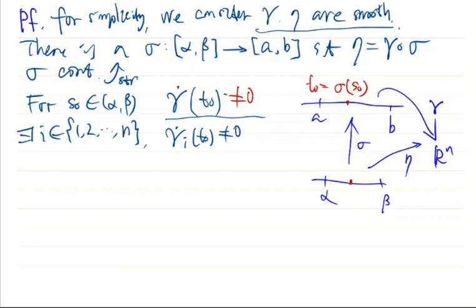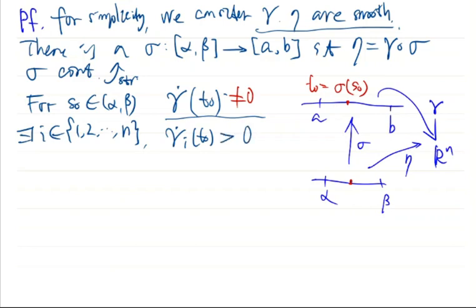Gamma dot is a non-zero vector. At least one of its components, say gamma_i dot, the derivative of the ith component of gamma, is not zero. We might assume that it is positive; the negative case is similar.